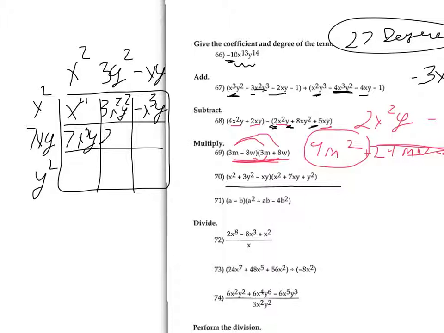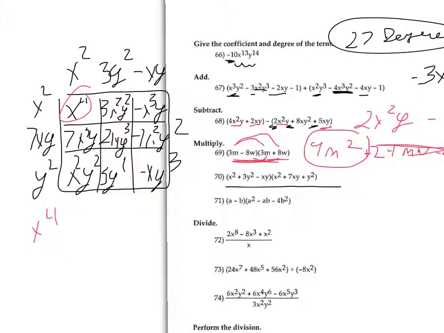Now we'll have 21xy cubed, and then here we'll have negative 7x squared y squared. Moving down, here's an x squared y squared. Here we're going to have 3y to the 4th, and then finally negative xy cubed. Now looking for like terms here, we have our x to the 4th right up here.